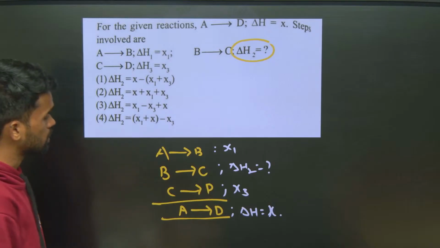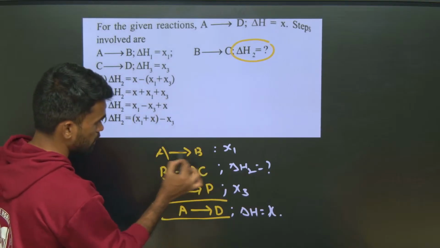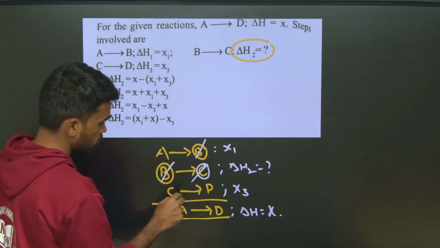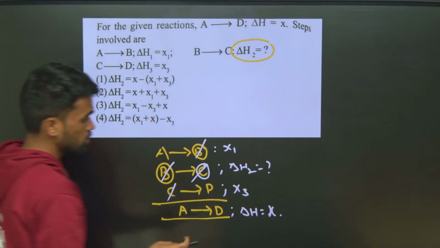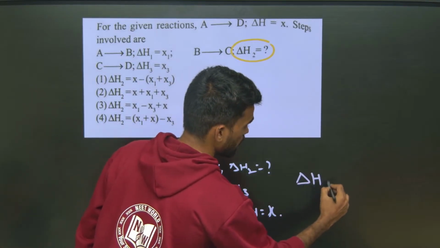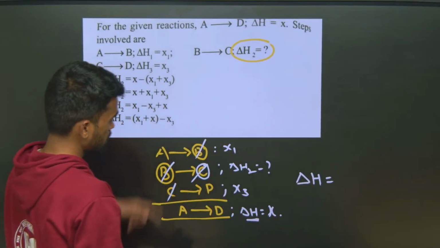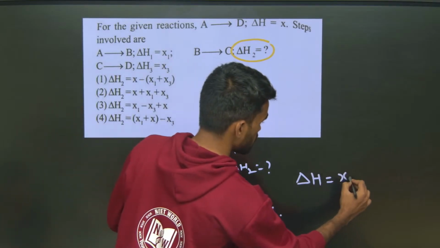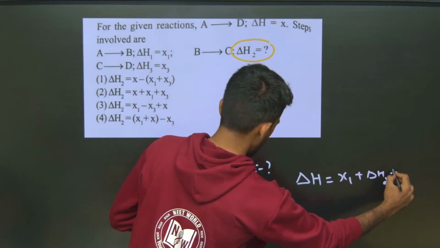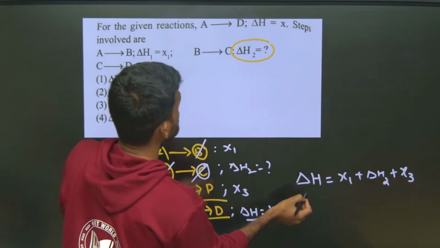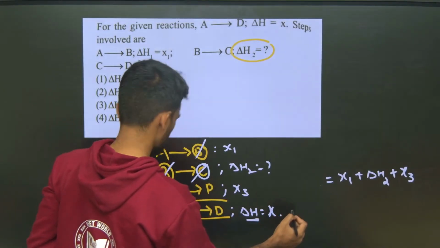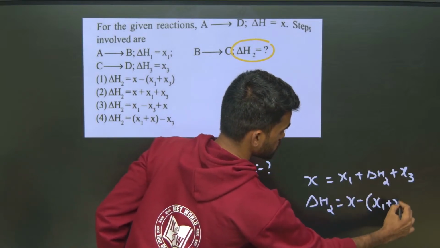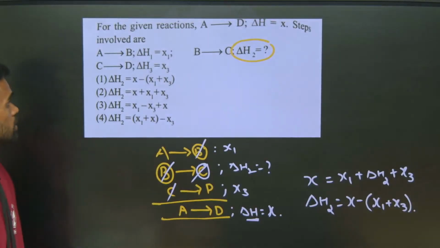First option, yeah. See, the reactant of this reaction is the product of this reaction, so I can remove them here also. So directly we are getting A to D, so delta H final equals A to B, B to C plus C to D. So I can say X1 plus delta H2 plus X3, and this delta H is X. So delta H2 will be X minus (X1 plus X3). Okay, simple.